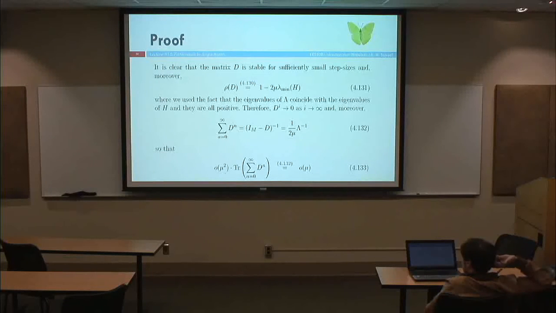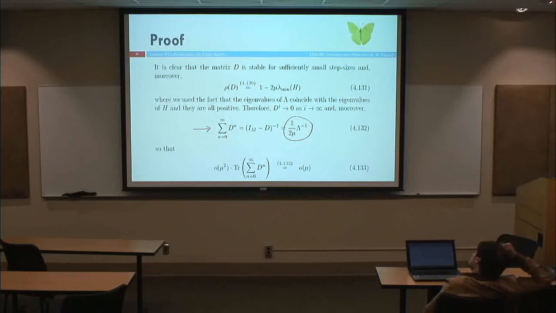Powers of it converge to 0. And so this sum of D is like a geometric series. This sum is I minus D inverse. If you replace D by what it is, you get this quantity, because I'm going to use this in my arguments, okay?